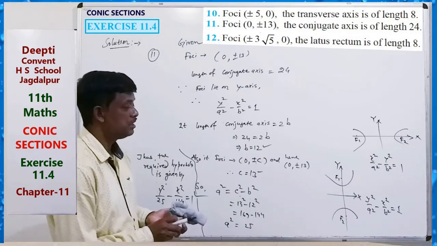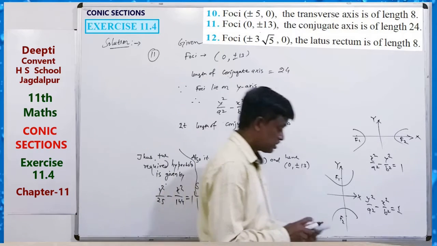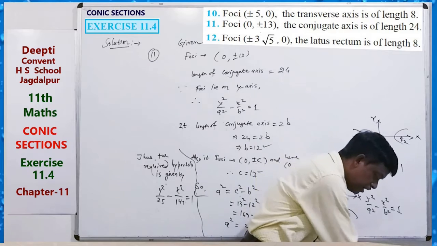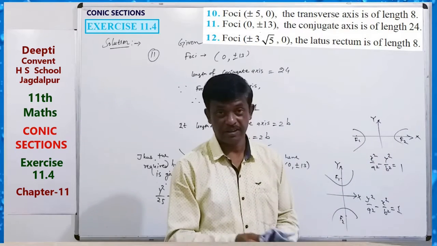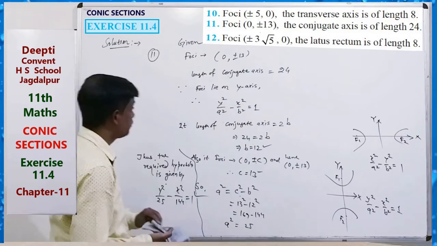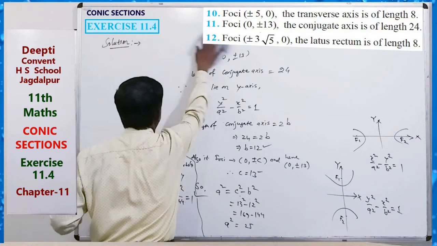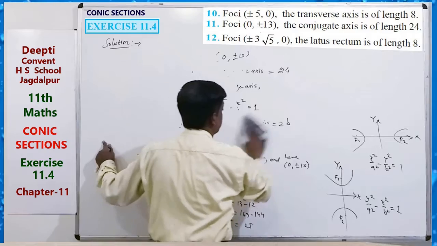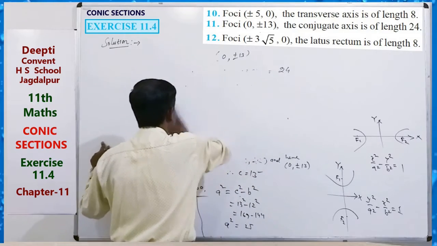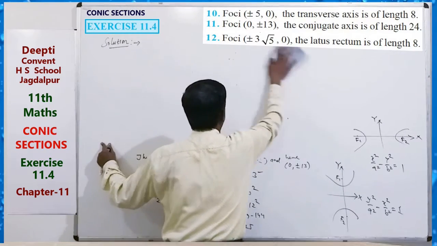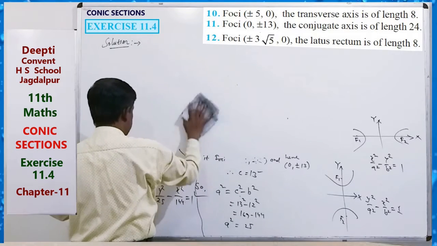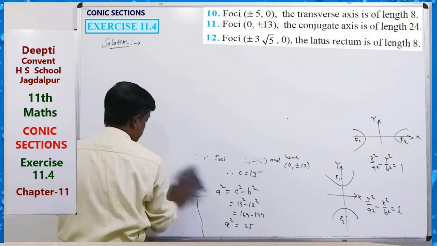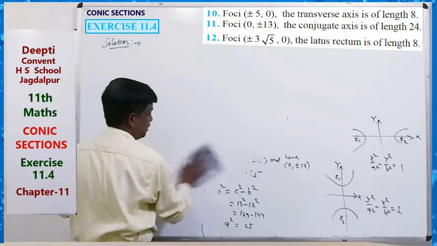Okay, so this is question 11. Now question 12: foci and length of latus rectum are given. In this case, we just have to find the value of the required quantity according to the given condition.